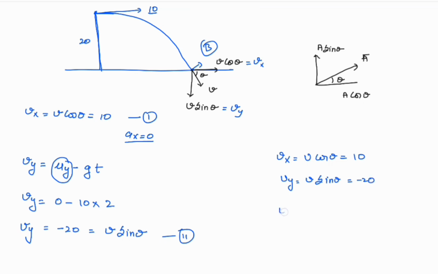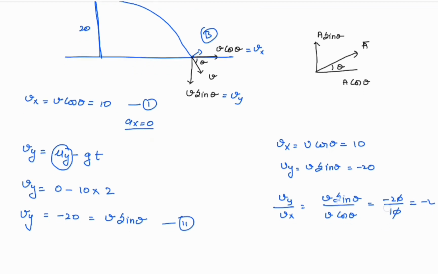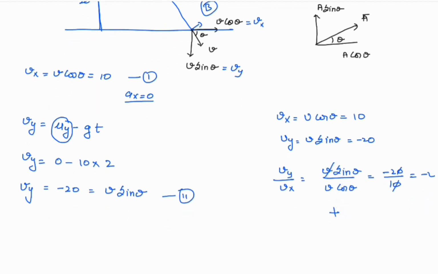Now I'm going to find v of y divided by v of x, which will be equal to v sin theta divided by v cos theta, equal to minus 20 divided by 10. The 0s got cancelled. This is only minus 2. Here you will get tan theta is equal to minus 2. Theta is going to be tan inverse of minus 2.